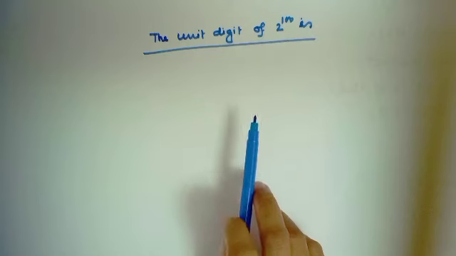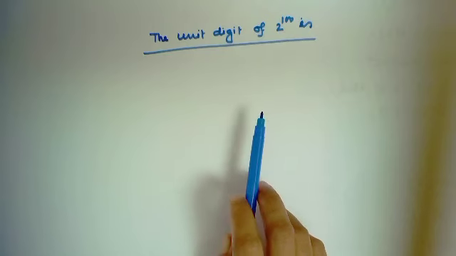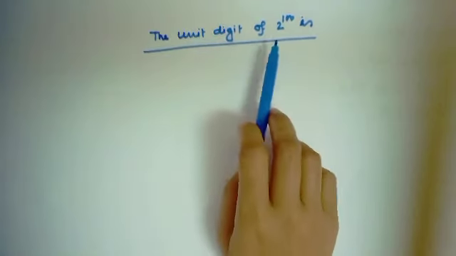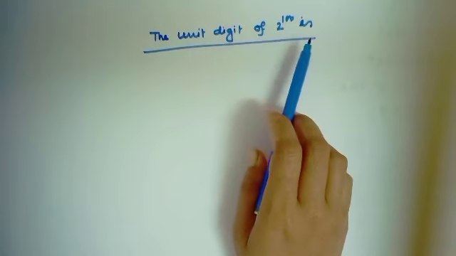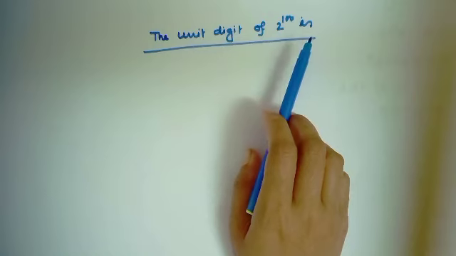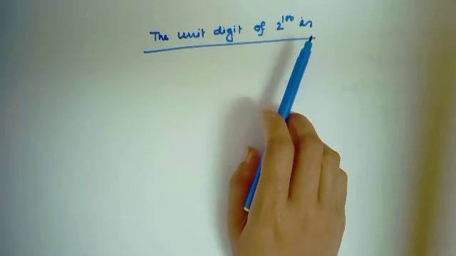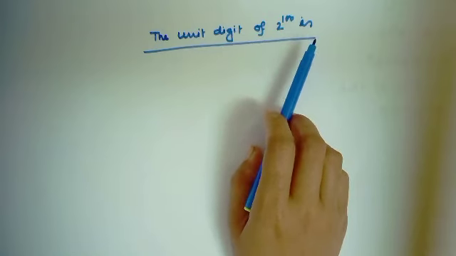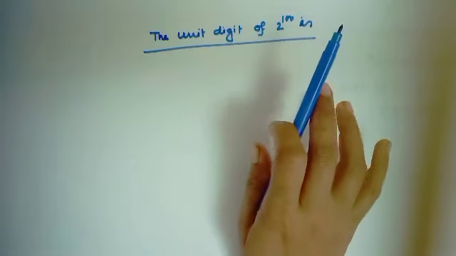One question of CSIR NET is: the unit digit of 2 to the power 100 is. This is a very important question, not only for CSIR NET but for every competitive exam.